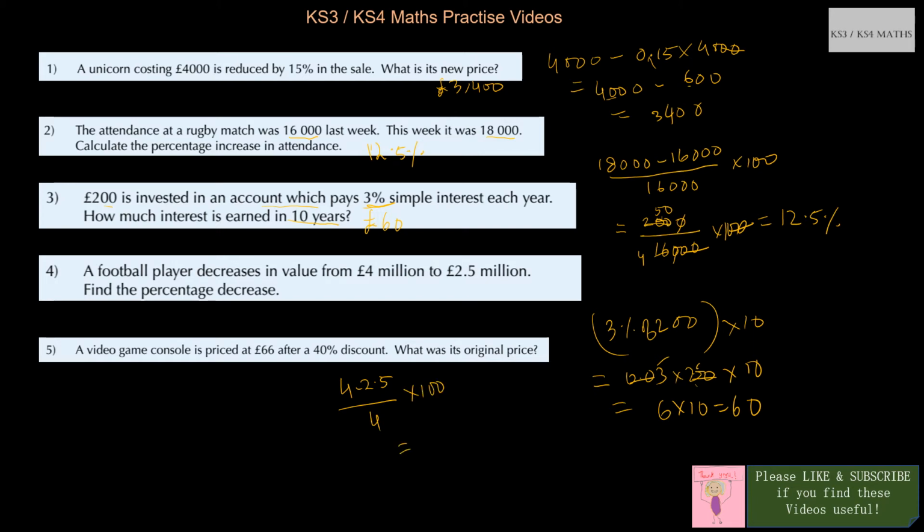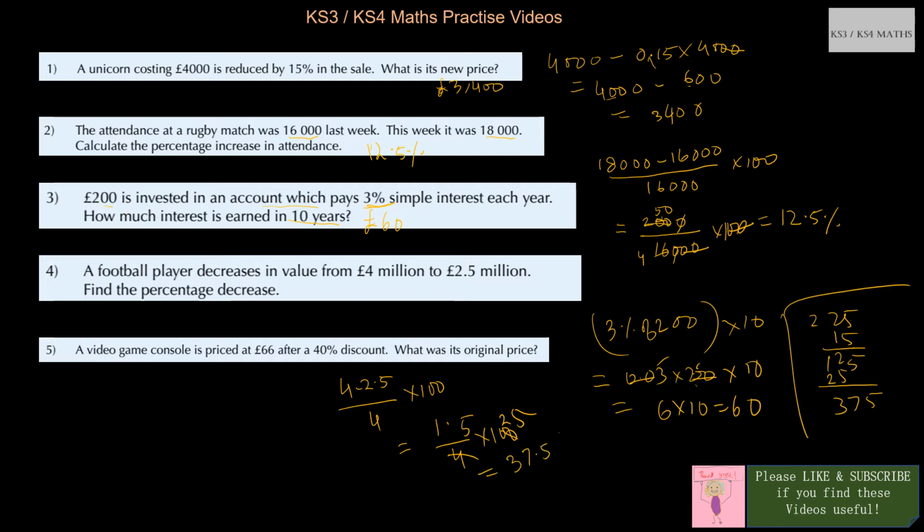So that equals 1.5 divided by 4 times 100, which gives my answer as 37.5%.